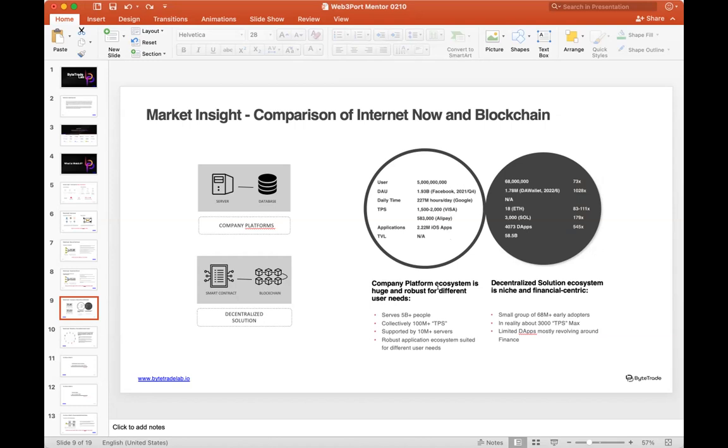The company platform ecosystem is huge and robust, so different people can find different things to meet their needs. Whereas the decentralized solution, in terms of both user size and variety of applications, is niche and financial-centric.